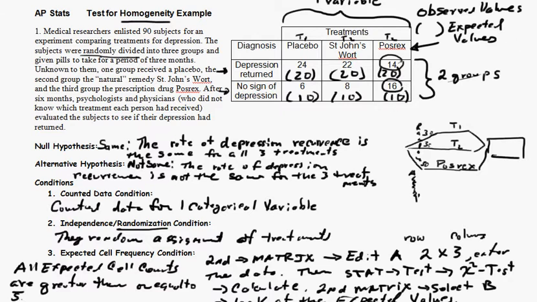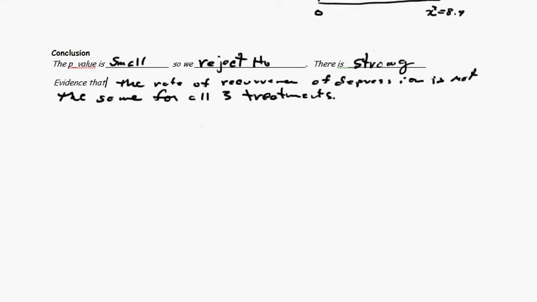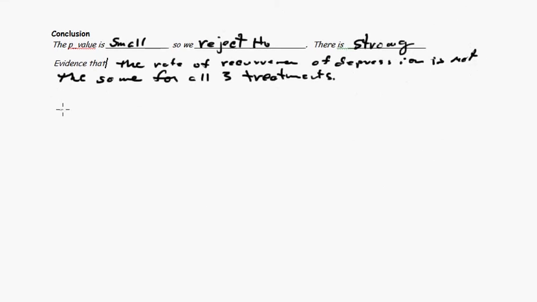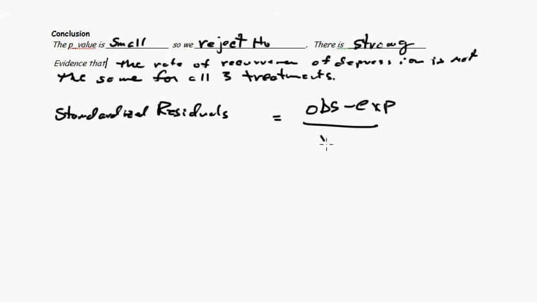The way to really prove this out is you use what are called the standardized residuals, and here it's equal to the observed value minus the expected value divided by the square root of the expected value.